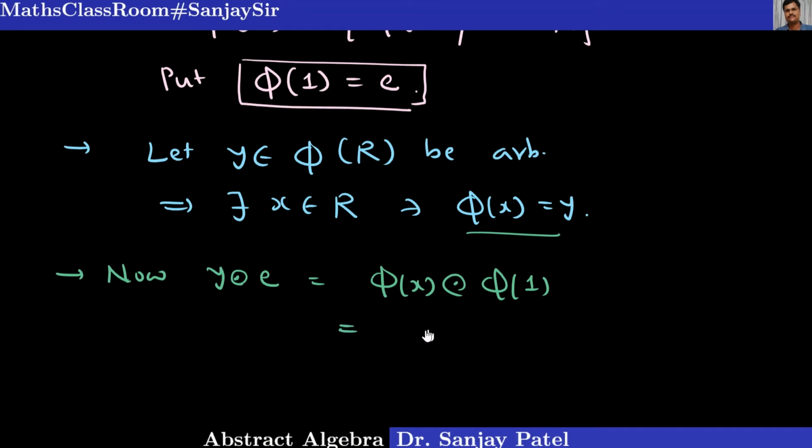But phi is a homomorphism, so this can be done as phi of X into 1 by definition of homomorphism.